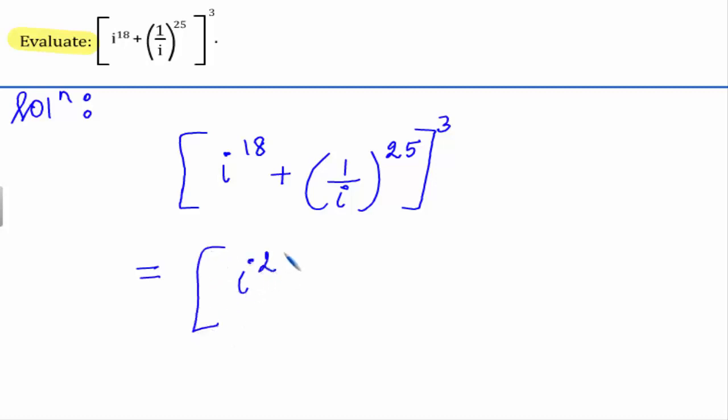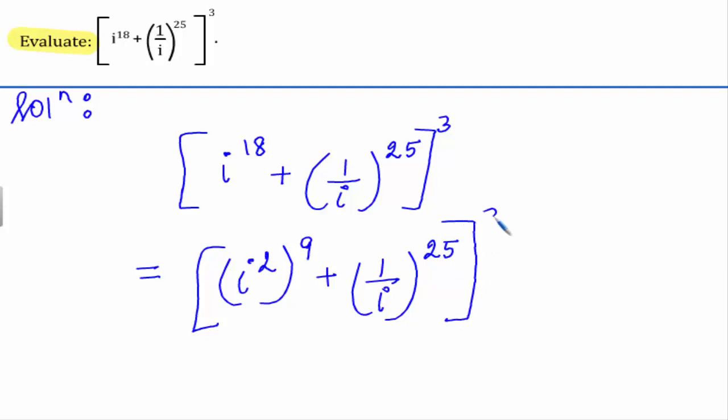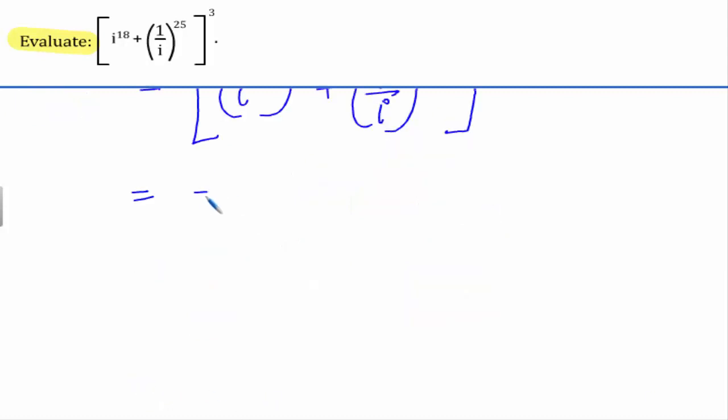(i square) whole raised to the power 9 plus (1 upon i) whole raised to the power 25, whole cube. This will be equal to (minus 1) whole raised to the power 9 plus (minus i) whole raised to the power 25, whole cube.